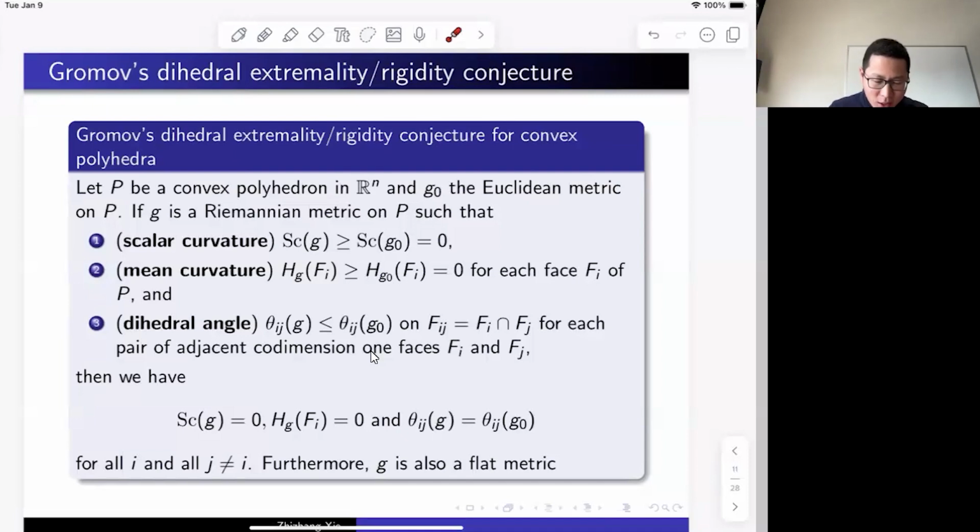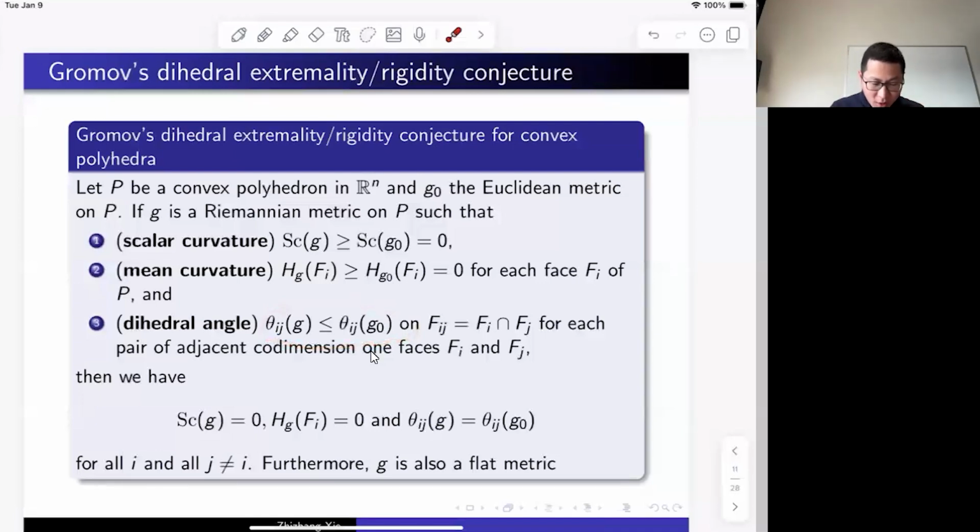So now let's take a convex polyhedron in Rn. Let G0 be the Euclidean metric on P. The conjecture says, suppose you have another Riemannian metric on P. Suppose you have the scalar curvature comparison, the mean curvature comparison of the faces, and the dihedral angle comparison for adjacent codimension 1 faces, which is this.